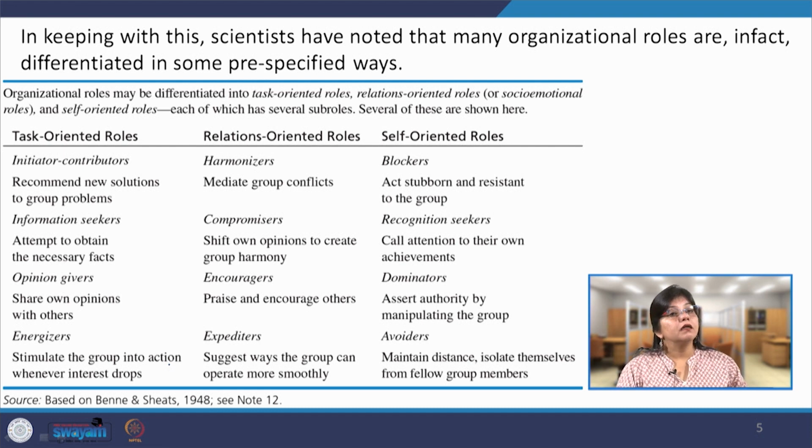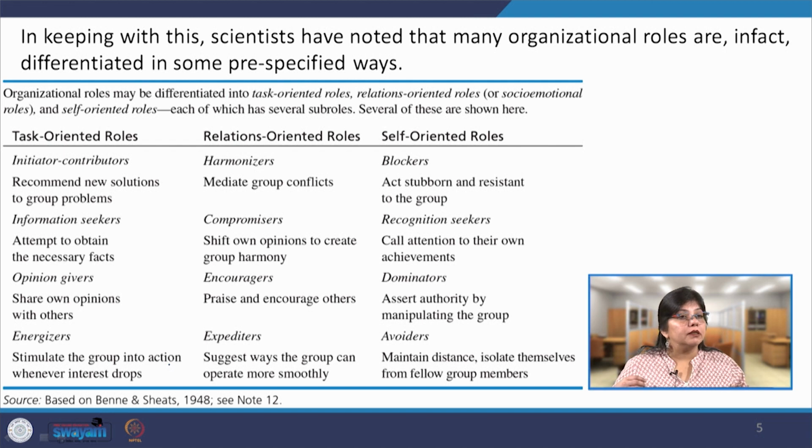It is a natural way to perform the role. So, when a person or any member is performing these task oriented roles, he recommends new solutions to group problems, attempts to obtain the necessary facts, shares own opinions with others, and stimulates the group into action whenever interest drops.